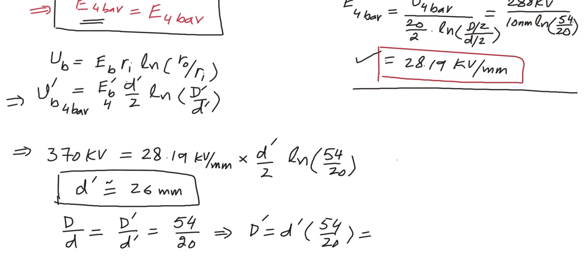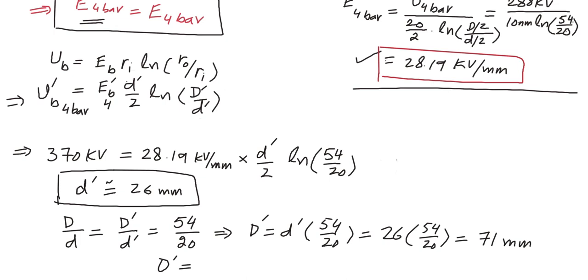After plugging in the value of small d bar, 26, and 54 over 20, we get the capital D bar approximately equal to 71 millimeter.